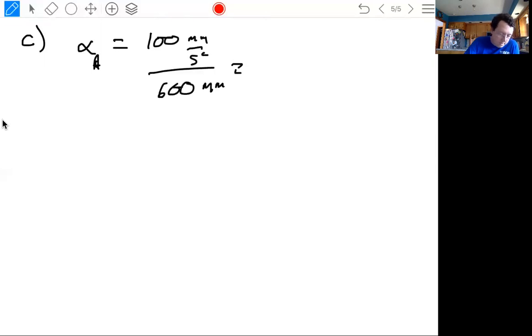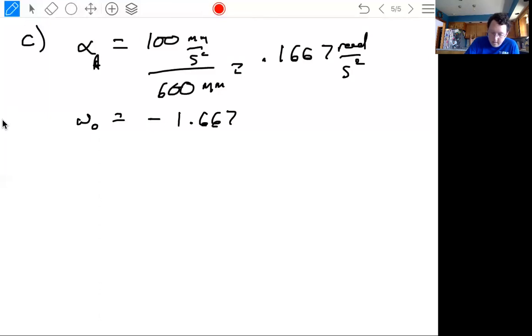So that's going to come to 0.1667 radians per second squared. And the initial angular velocity: initially it rotates clockwise, so I'm going to have a negative initial velocity, and that's just the tangential speed, which we know, divided by the radius, and so you end up with 1.667 radians per second.